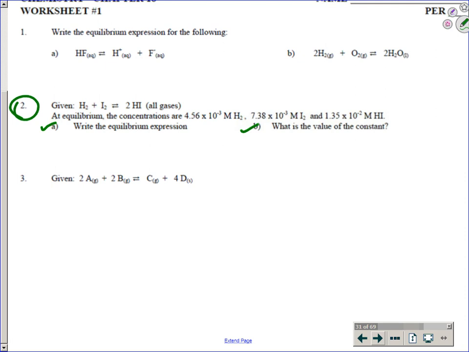It is teeny tiny writing, but that says H2 plus I2 equilibrates to 2HI. We're starting on number 2.